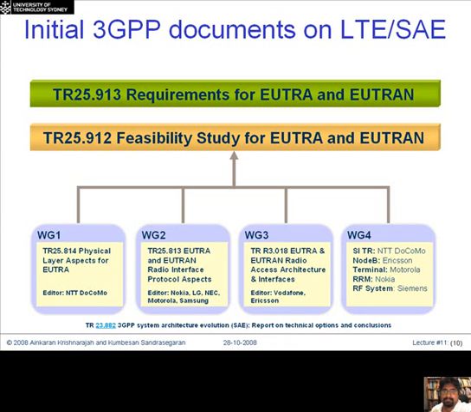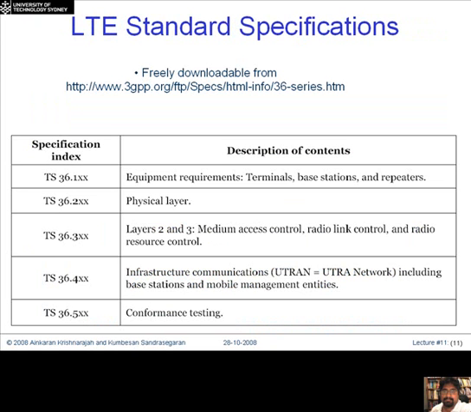Now all of these documents are available on the web, so you can go and have a look at them on the 3GPP site. As I said earlier, all the LTE standard specifications are downloadable from this particular site.